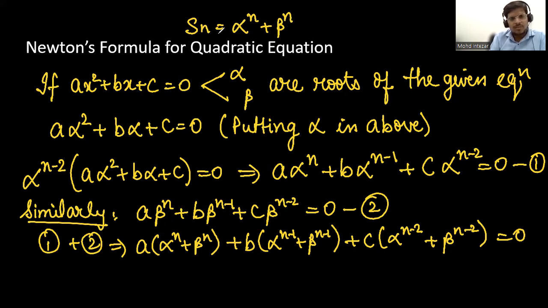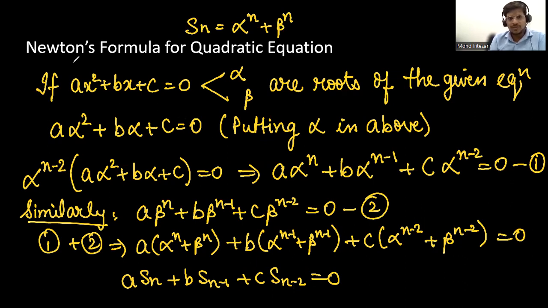If it is n minus 2, power will be n minus 2. So we can say a Sn plus b Sn minus 1 plus c Sn minus 2 equals 0.